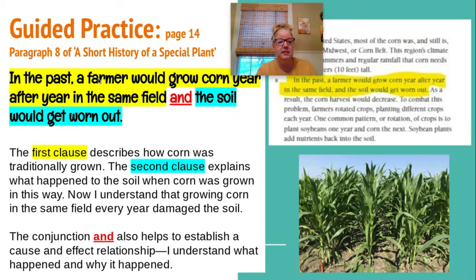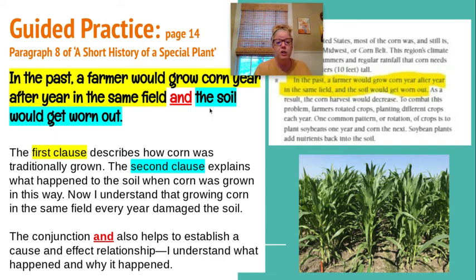So I took this sentence and I put it a little bigger over here, and you can see that the first clause in yellow, in the past, a farmer would grow corn year after year in the same field. Then I have the coordinating conjunction and. So the first clause describes how corn was traditionally grown, right? The farmer would just keep planting the corn in the same field year after year.